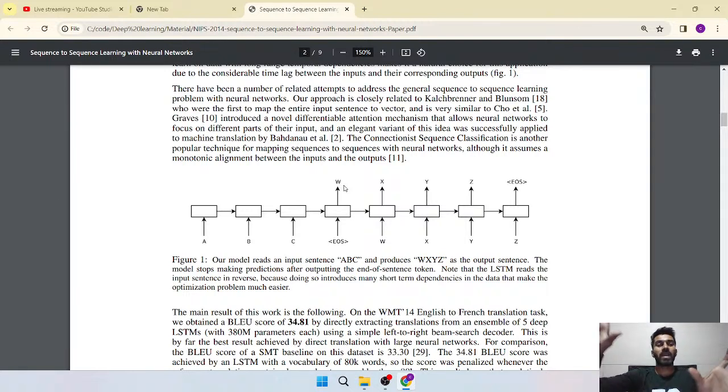Then we append the embedding of "may" to the "I am fine" embedding and pass it to the decoder again, and the decoder now predicts the second word.